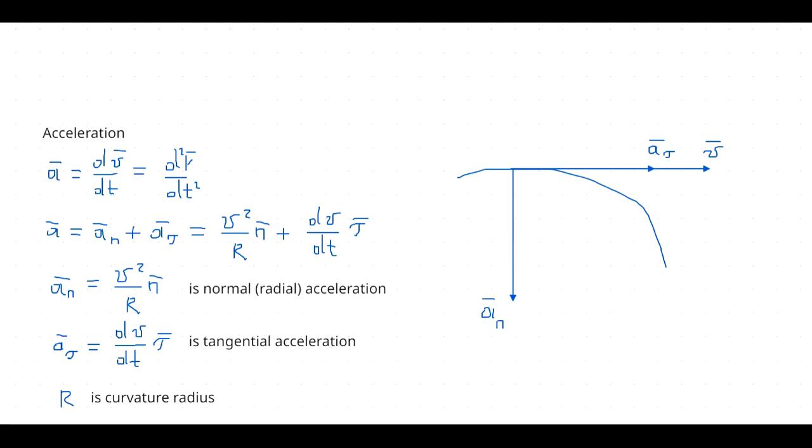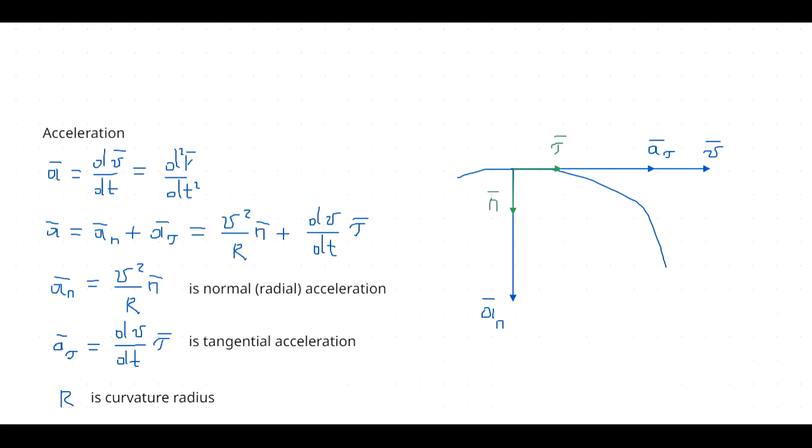N and tau are known as tangential and normal unit vectors, and they are directed as it's shown here. So this is vector tau, and this is vector n.